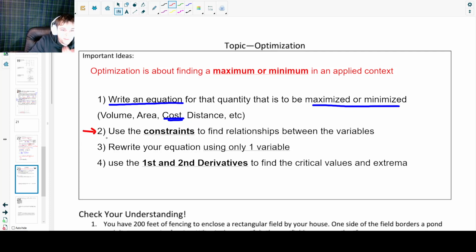Next step, and this is important, using constraints. We had this constraint that the volume of our can had to remain around 365. That was constraining the size of can that we could make.